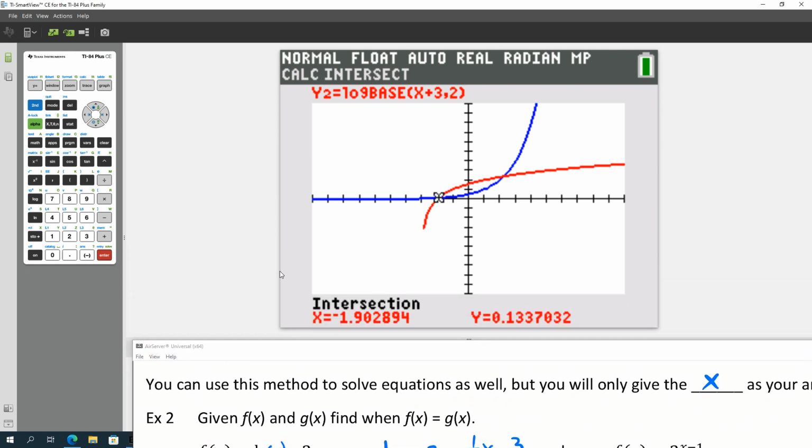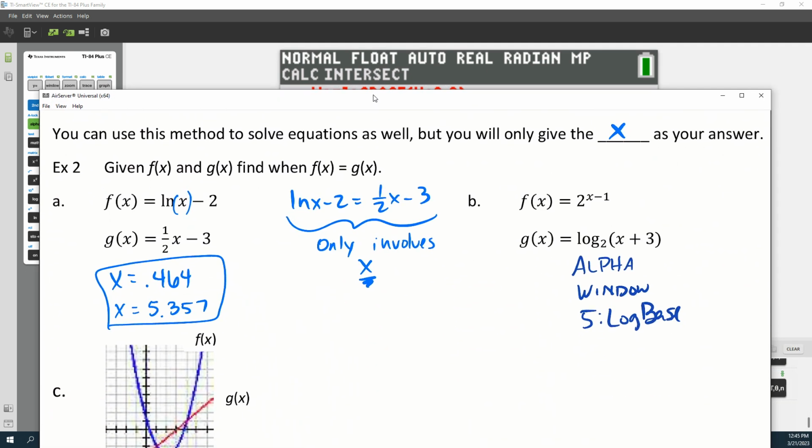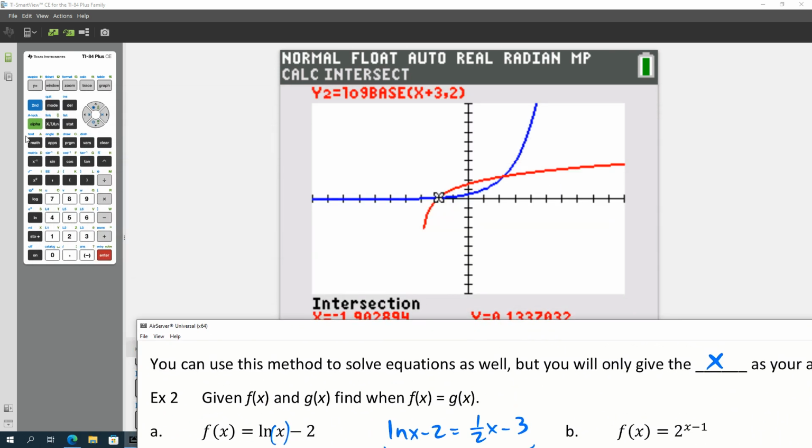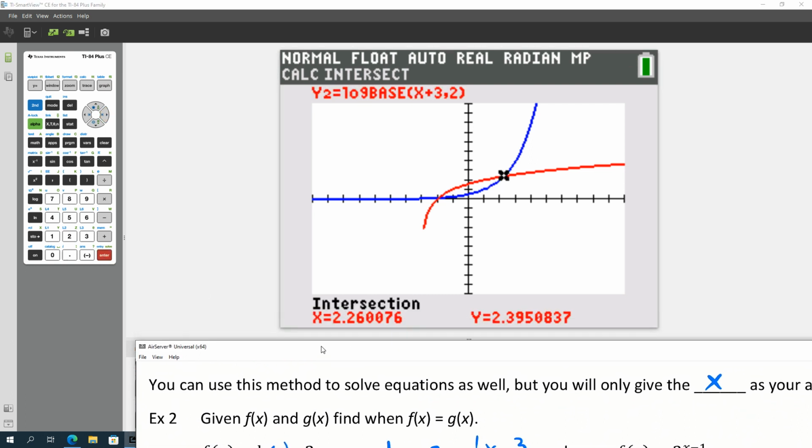No. All right, so negative 1.903. And 2.260.